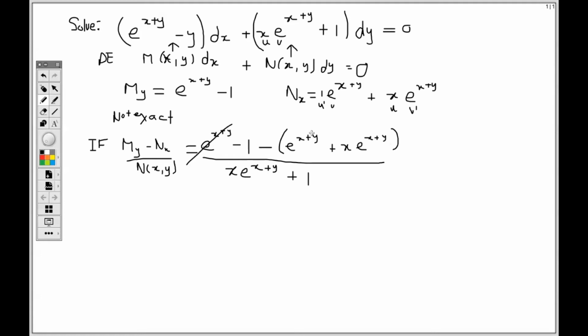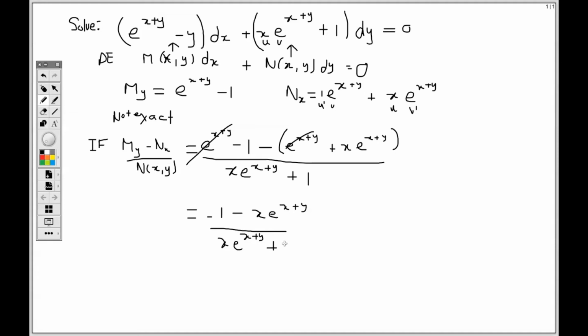Simplifying, the e^(x+y) will cancel with the e^(x+y) here. The minus sign cancels, but the minus sign also affects the other term, so I have minus 1 minus x e^(x+y), all over x e^(x+y) plus 1.